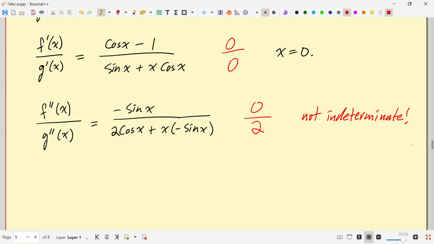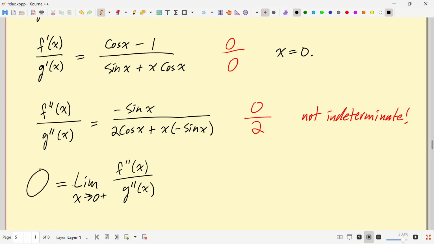And now we use L'Hopital's rule on the second derivative case. So the limit as x tends to 0 from the plus side of f double prime of x over g double prime of x, well, that's 0. And we use L'Hopital's once here and say, aha, that's the limit as x goes to 0 of the first derivatives.